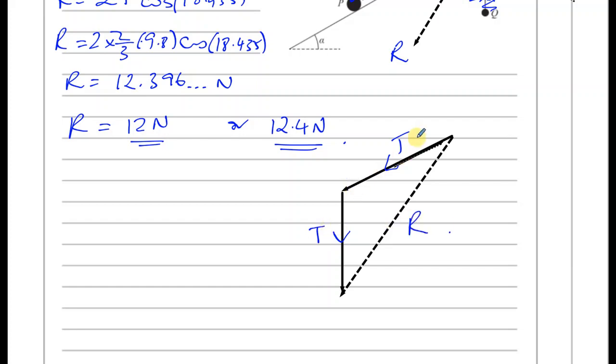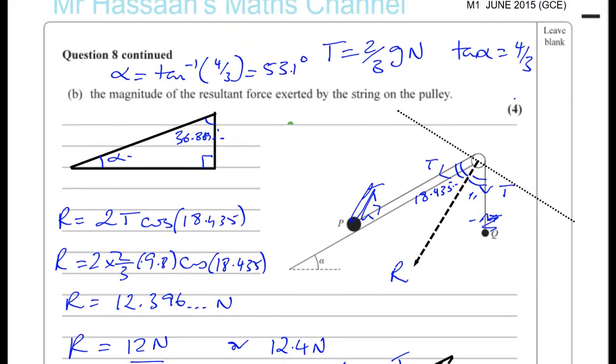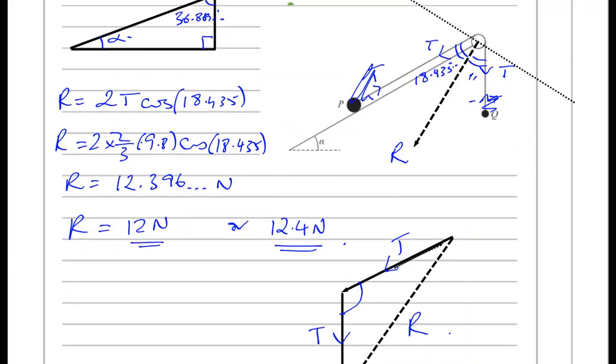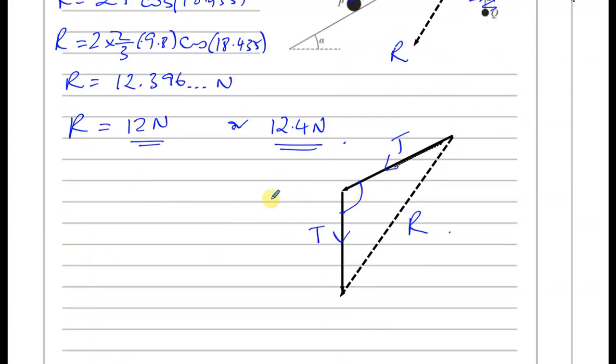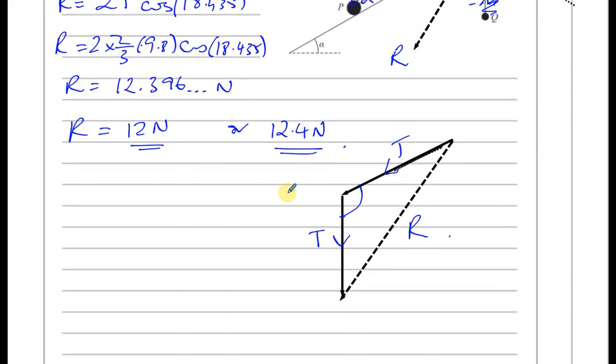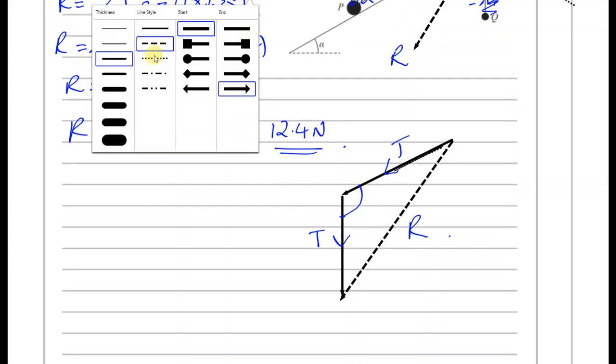So we know what this is, we know what this is. If we find this angle, we can find what R is. This is I guess a longer way, but maybe more understandable. So basically we need to find what this angle is.